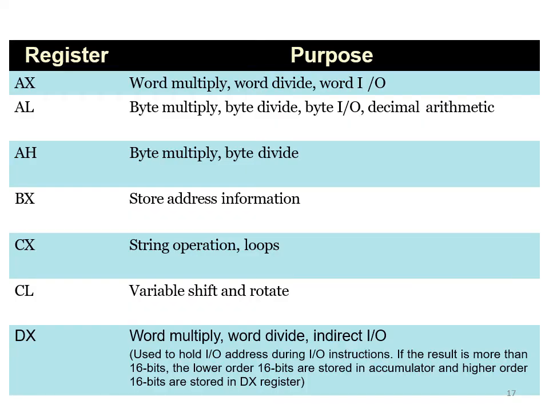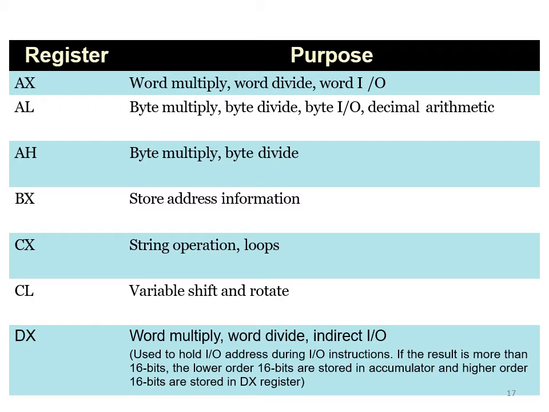So these are the various general purpose registers and their applications. AX is a 16-bit register, so it is required for word multiplication, word division, and word IO, etc. So if you have to read a word from any input device, you need to store that data into the AX register.